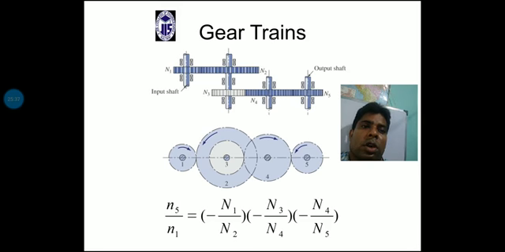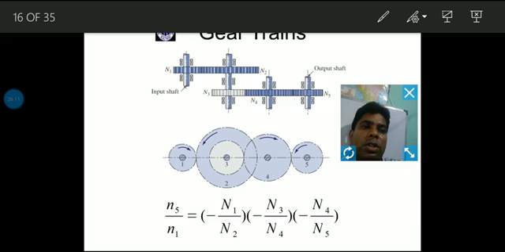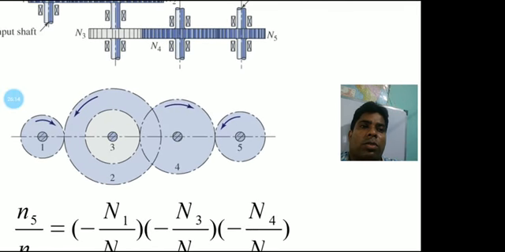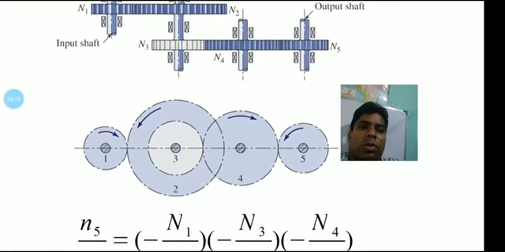Next, 3 is connected with 4, so similarly the second term is minus N3 by N4. And the last one, 4 is connected with 5, so minus N4 by N5. So N4 cancels, and the result is N5 by N1. That is the case of a compound gear train.